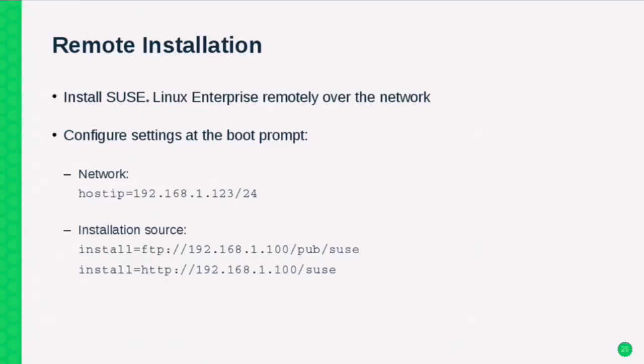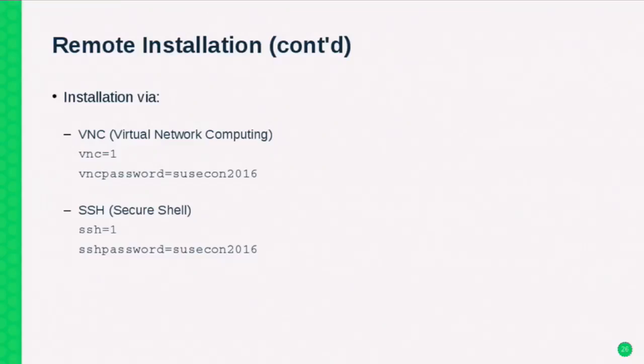Thanks for your feedback. A different kind of remote installation is when you want to have the display somewhere else. Imagine you have your data center where it is AC, it's pretty cold, it's very loud, and you don't like to be there. So you start the installation there and you want to go back to your office where it's comfortable, where you can have your cup of coffee and chat to your colleagues while you monitor the installation.